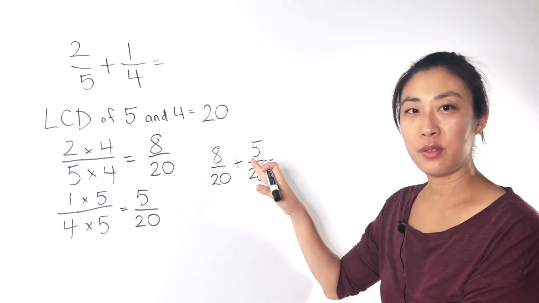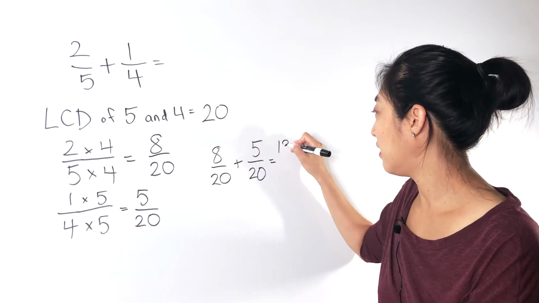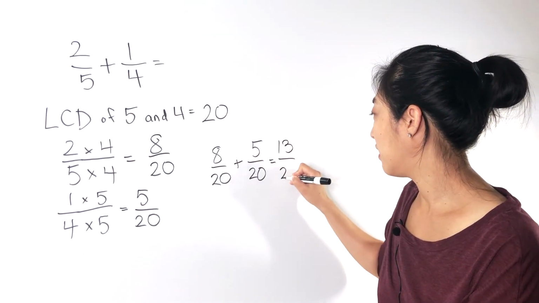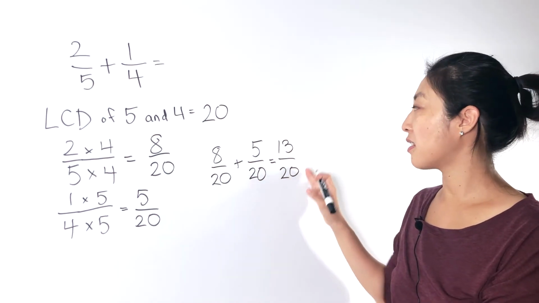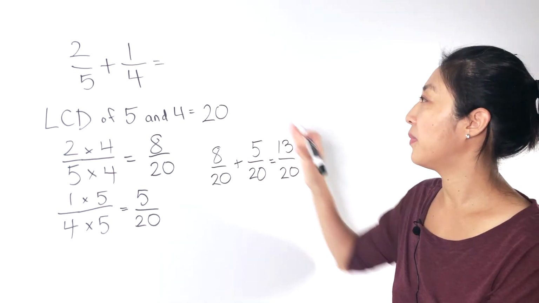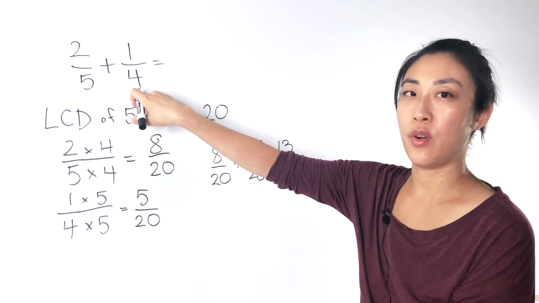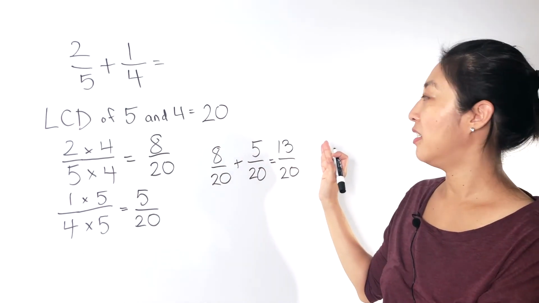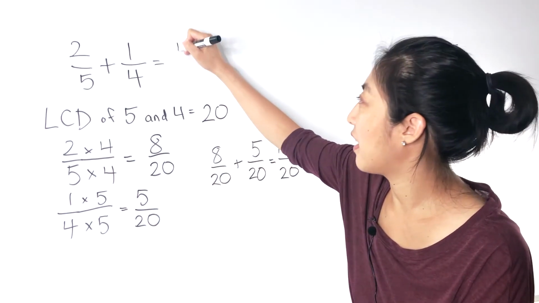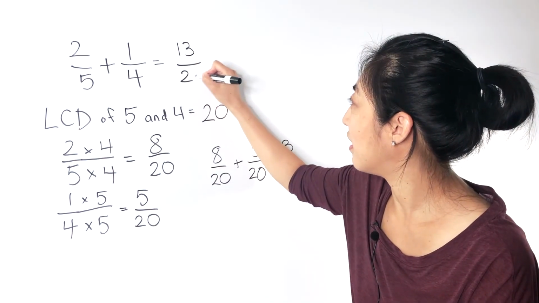So all we need to do is add the numerators. 8 plus 5 is 13, and then we bring the denominator over. So our answer is 13 over 20. So 2/5 plus 1/4, after doing all these conversions, comes out to 13 over 20.